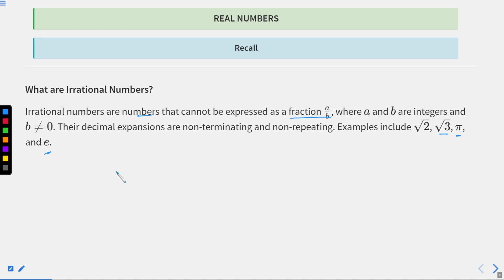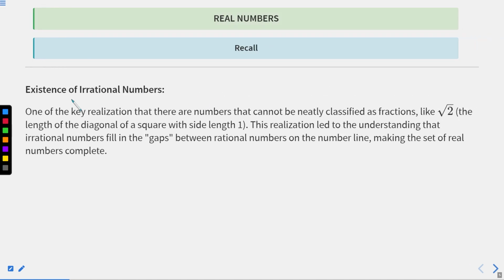Now let us move to the next topic: existence of irrational numbers. One of the key realizations was that there are numbers that cannot be neatly classified as fractions, like root 2, the length of the diagonal of a square with side 1.